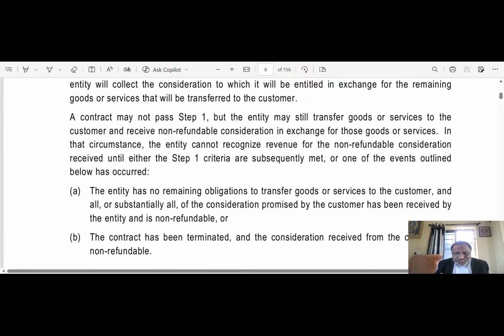The entity has no remaining obligation to transfer goods or services to the customer, and all or substantially all of the consideration promised by the customer has been received by the entity and is non-refundable, or the contract has been terminated and the consideration received from the customer is non-refundable.